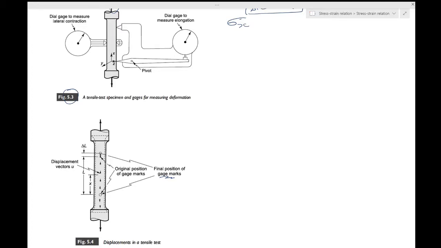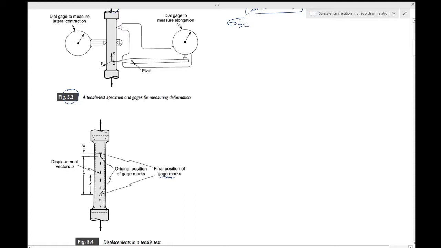If the displacements vary uniformly over the gauge length L, this is your region of investigation. You don't consider points outside this region, for example this point, that is too close to the boundary. You want to be as far away from the boundary as you can.